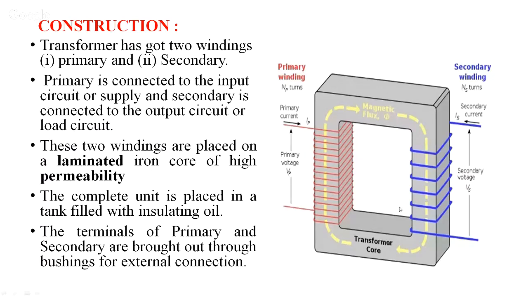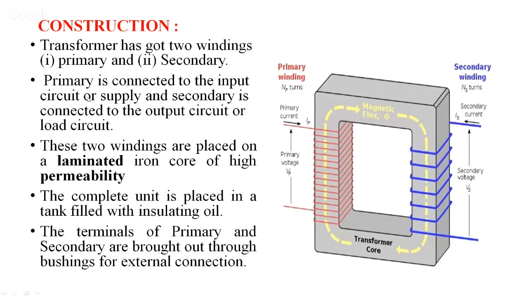Now let us understand the construction of the transformer. So here this is the transformer core. As I told you, this vertical portion is called as the leg or limb, and the top portion is called as the yoke of the transformer. It has got two windings, namely primary and secondary.